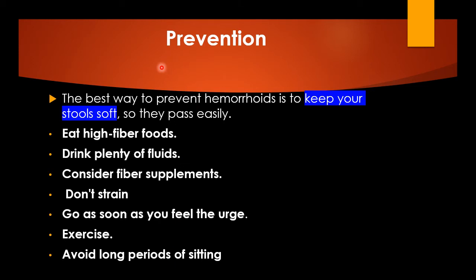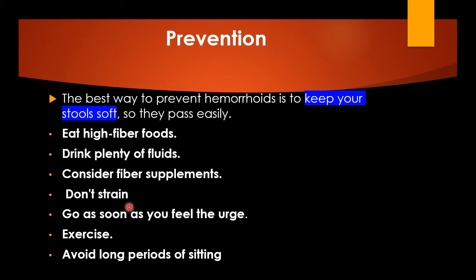Okay, but how do you prevent hemorrhoids? The underlying mechanism to prevent hemorrhoids, to keep hemorrhoids away, is to keep your stool soft so that the stools pass easily. Okay, so less straining, soft stools, less straining, less hemorrhoids. Eat high fiber food, plenty of water, of oral fluids. Consider taking fiber supplements.